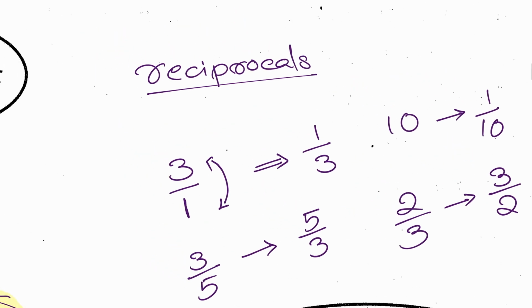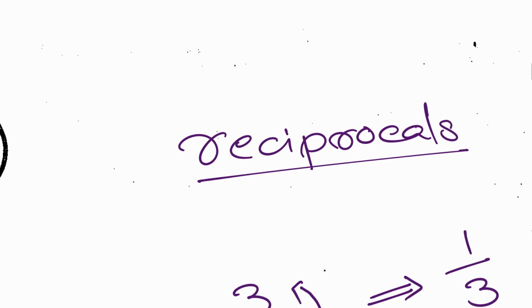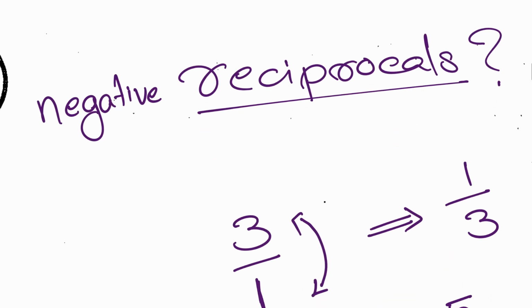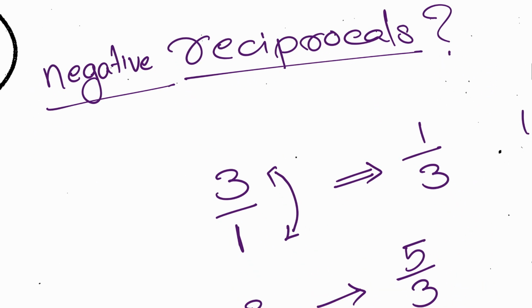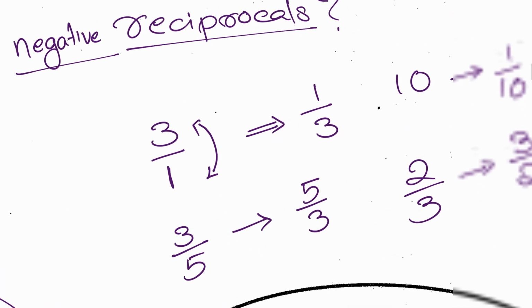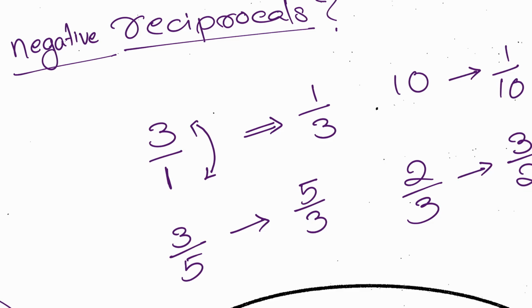But we need to know what a negative reciprocal is. What is that? The concept is very simple. Negative reciprocal means one of your reciprocals must be negative. For example, this pair 3 over 1 and 1 over 3.